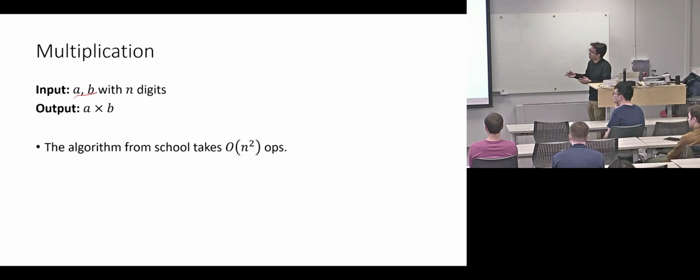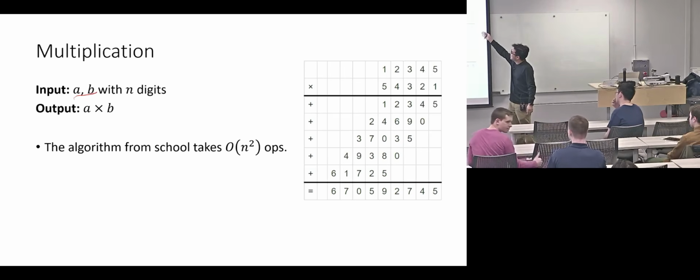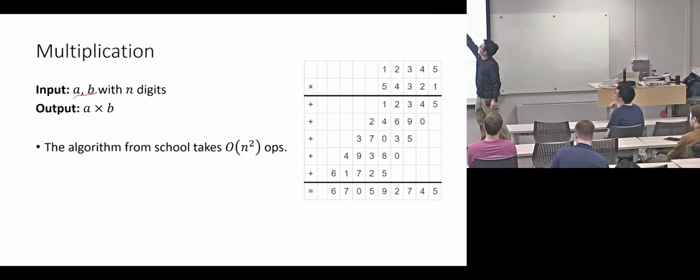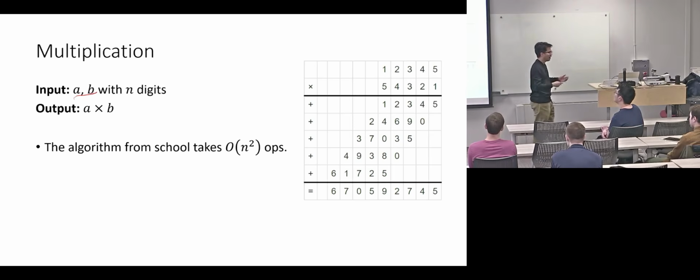In grade school, we learn how to do this using an algorithm that takes n squared time. The algorithm looks like this, a tabular multiplication. You multiply 1 to the first number, and then you get this one. Multiply 2 to the whole first number, shift it by 1, and here. Everyone learned how to do this.